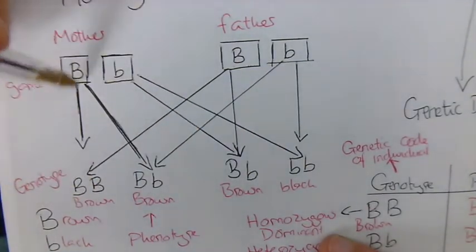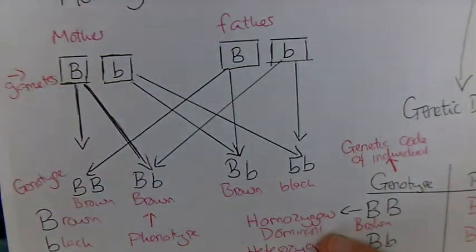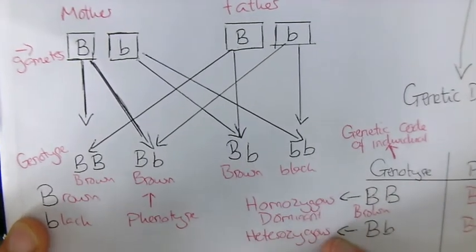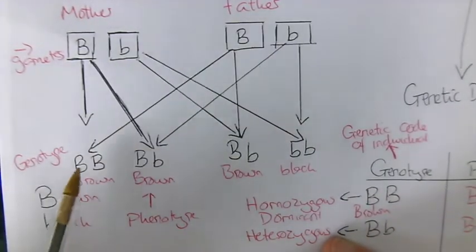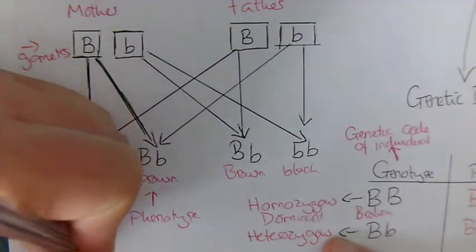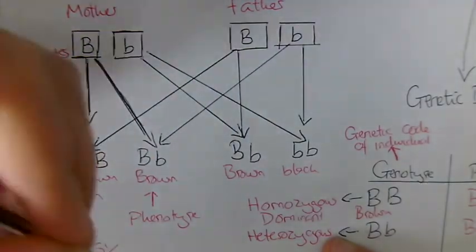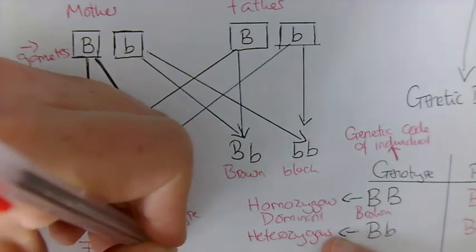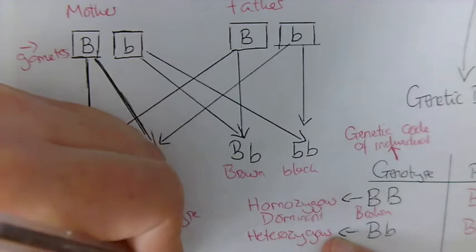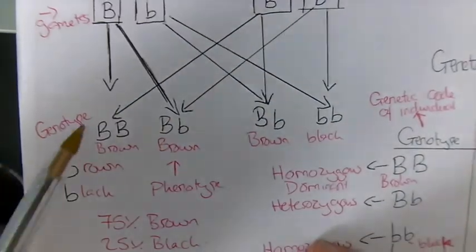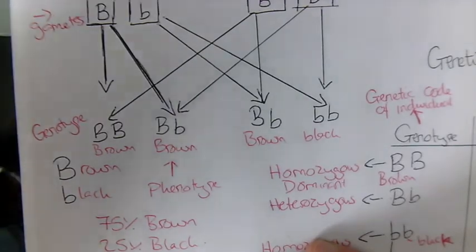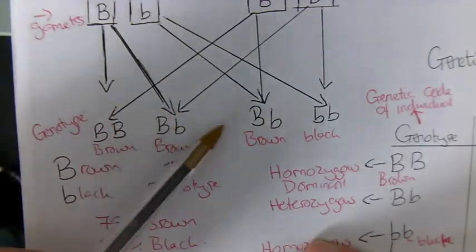This is the genotype. From this diagram we can see the chance of a child having brown hair or black hair. If we have a look, we have 1, 2, 3 that have brown, so that means it's 75% chance of brown and 25% black. We can do that because we know there's 4 of them, and if you divide 100 by 4 you get 25, so each one is worth 25%.